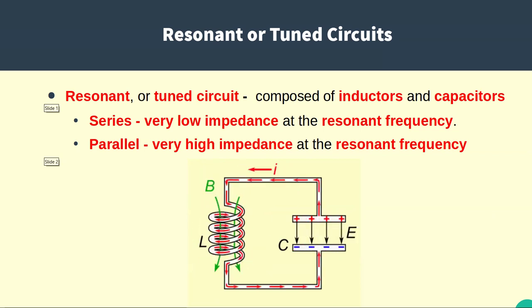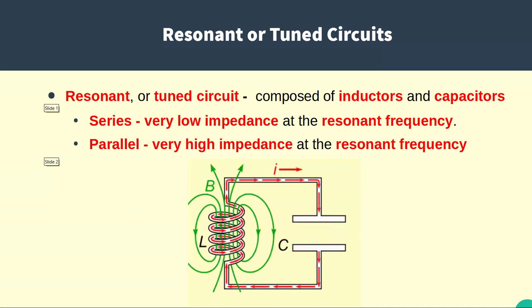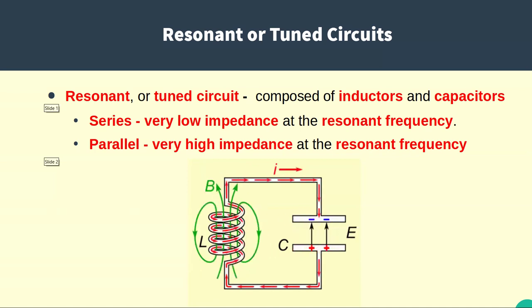They behave differently. If they're in series, it appears to be a very, very low impedance at the resonant frequency. When they're in parallel, it looks like a very high impedance at the resonant frequency. So in other words, in series, it passes current at the resonant frequency. In parallel, it basically blocks current flow at the resonant frequency.